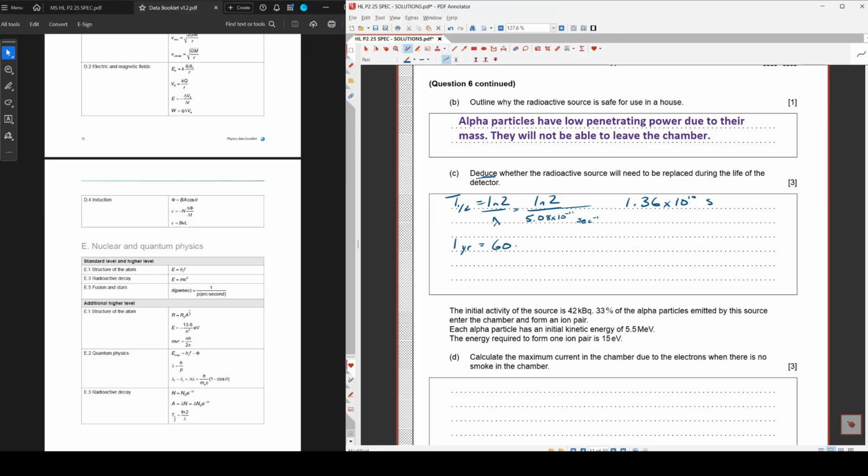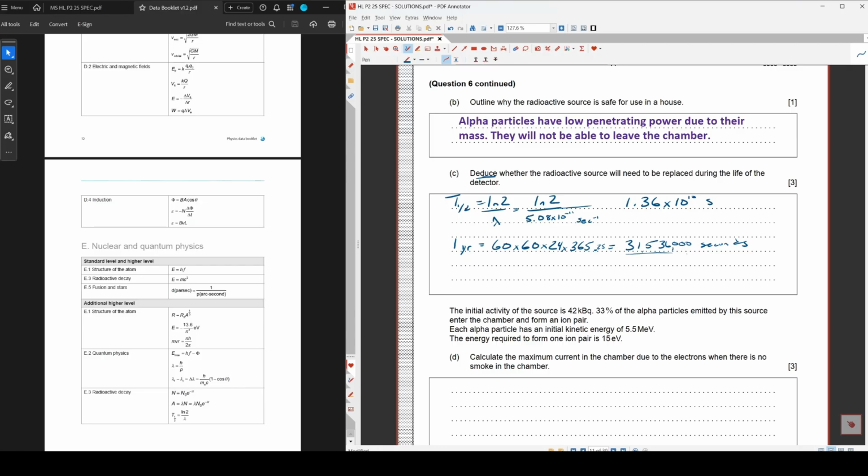Let's see: 60 times 60 seconds in a minute, 60 minutes in an hour, 24 hours in a day, 365 days in a year, or 365.25 if you're fancy, equals something like 31,536,000 seconds. That's how many seconds are in a year.